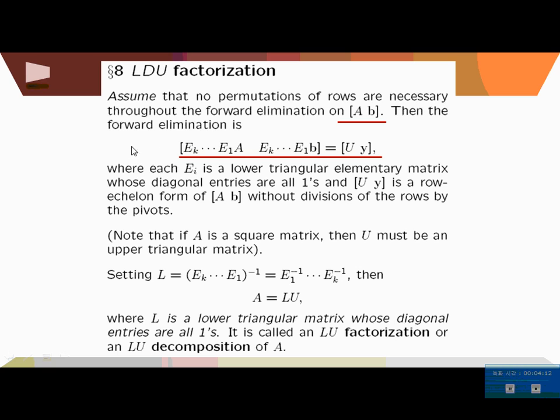At the end of the series of Gaussian elimination, you will have the upper triangular matrix and another vector y here.